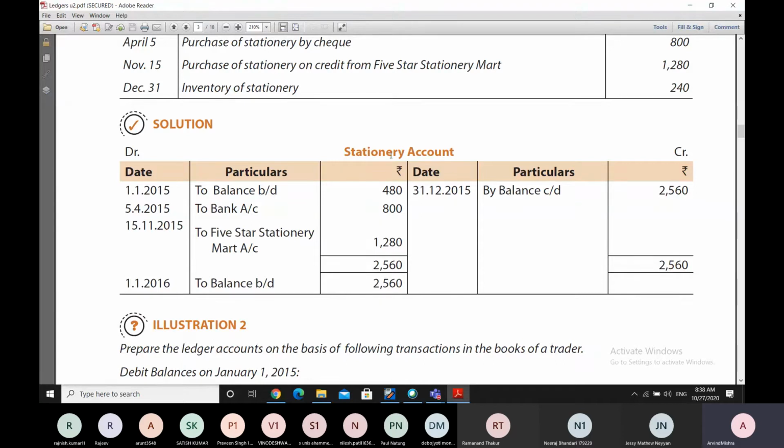But the stationery account is not used to calculate the inventory of that stationery. The stationery account is used to calculate the expenditure.